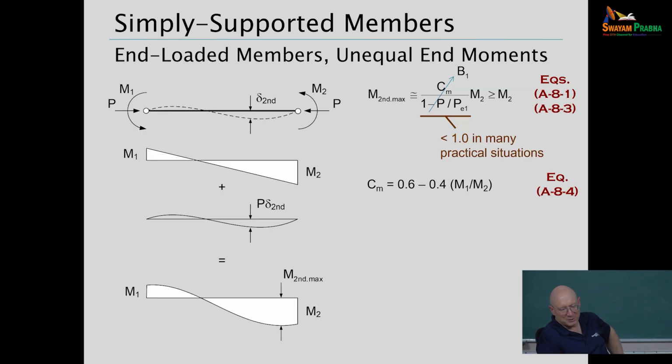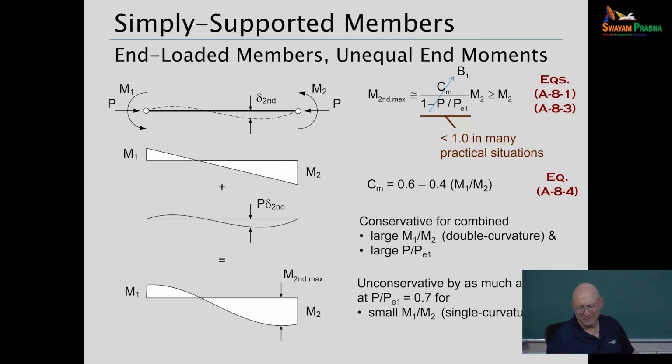In U.S. practice, we use this as a reasonably good approximation for this particular loading with ideal pinned end conditions. It's a little conservative for combined large M1 and M2, so double curvature or reverse curvature bending and large PE1, but a fairly adequate approximation.